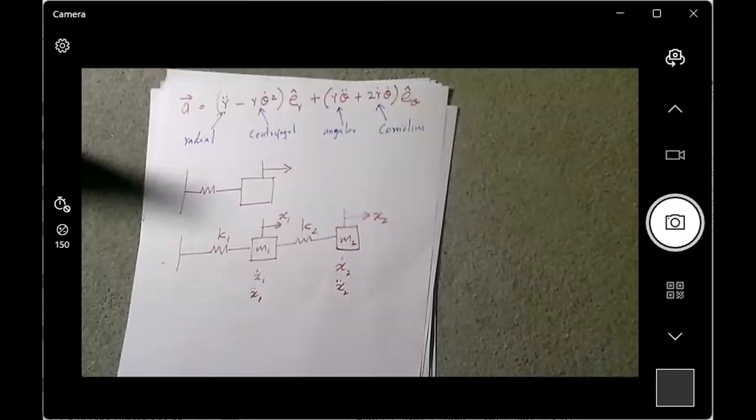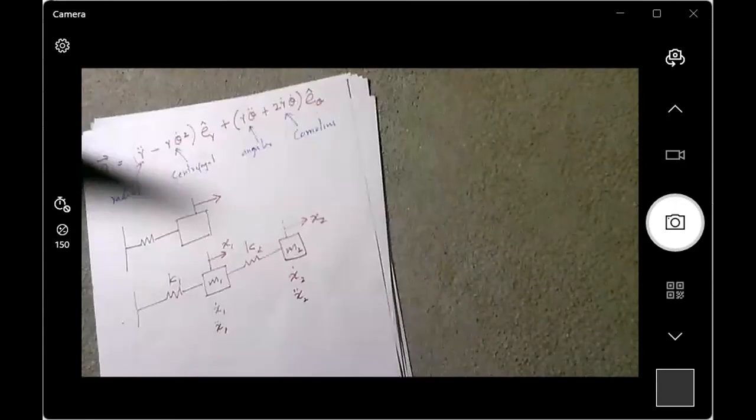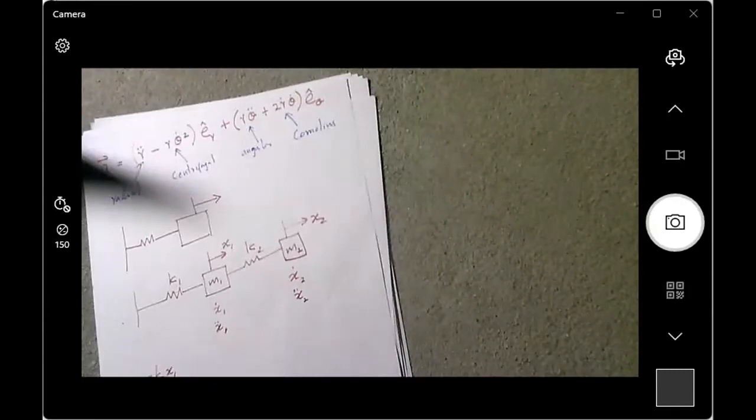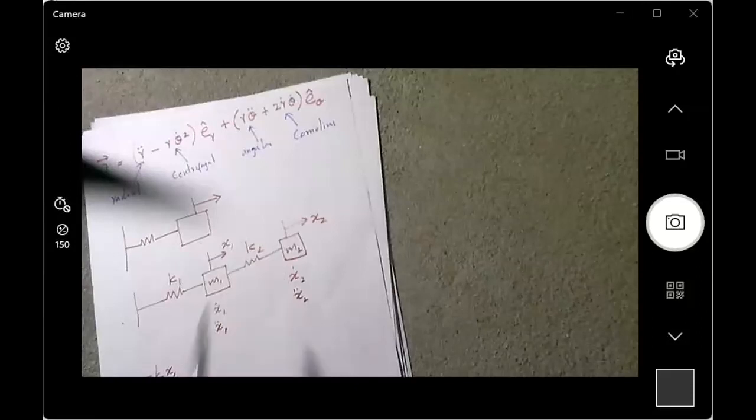So if we write the equation for M1, we have the spring force due to the expansion of K1, which will be exactly due to this X1 motion. So it will be minus K1 X1. This is the spring force, right? Then we are going to have another force due to the K2 spring.